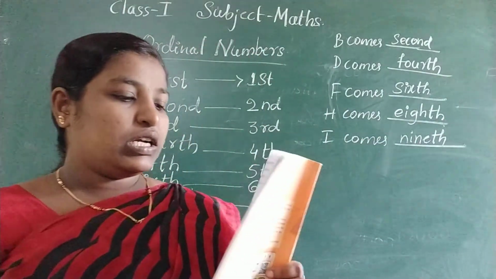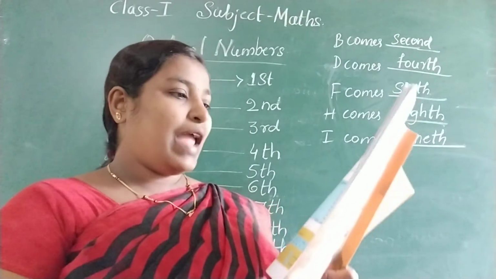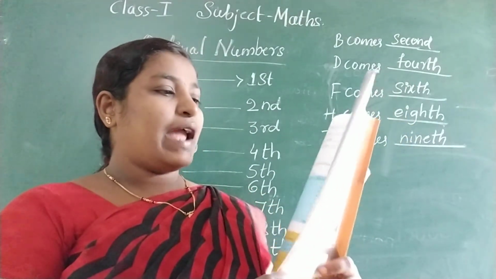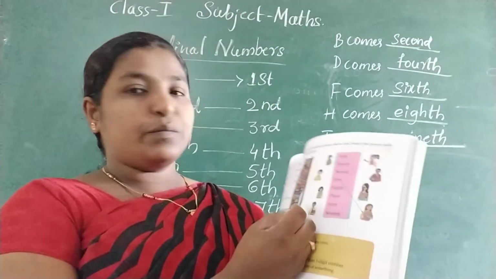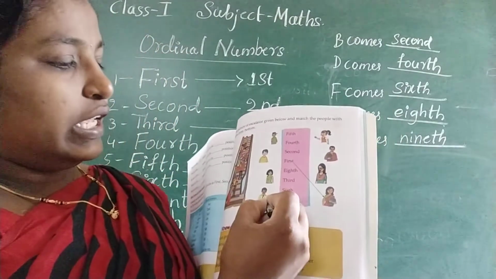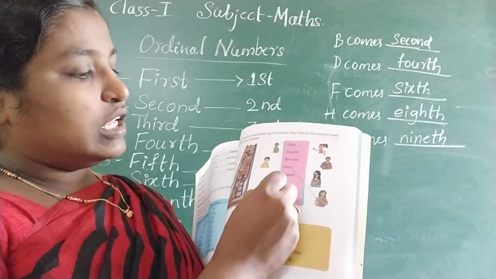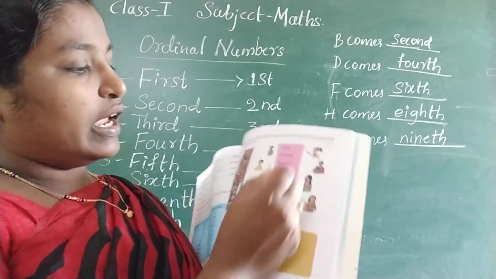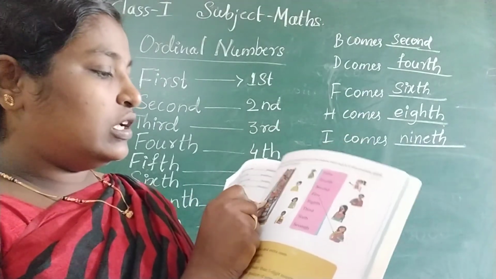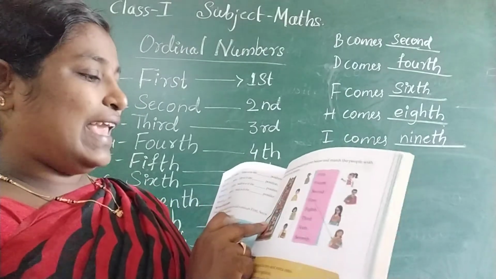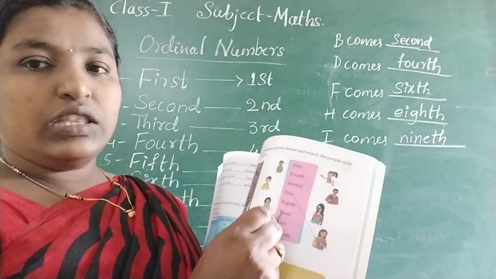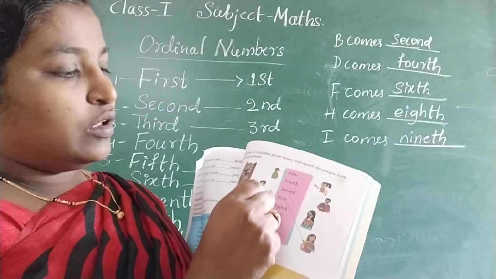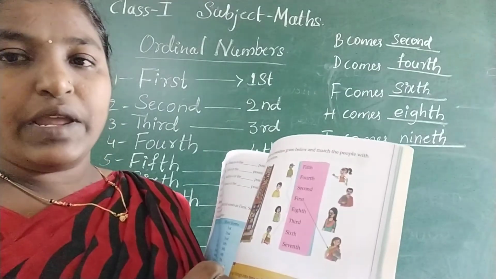Next, there is a man with a file in his hand with a yellow shirt. So he is in second place. Match him to second. Then third, a boy with a cap and a green shirt. He is in third place. So match him to the third place.